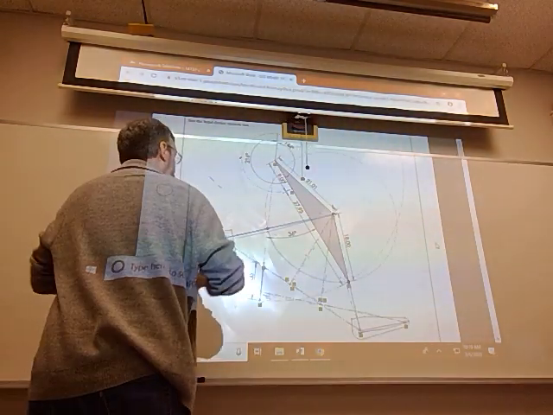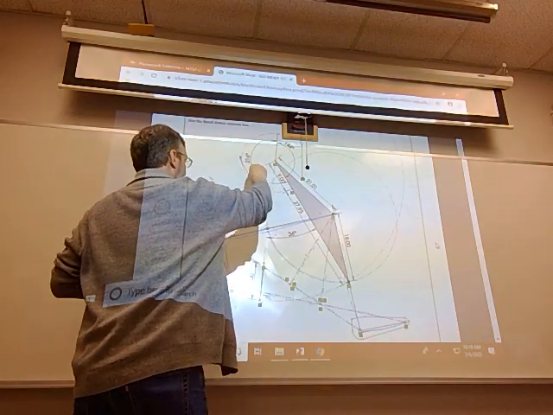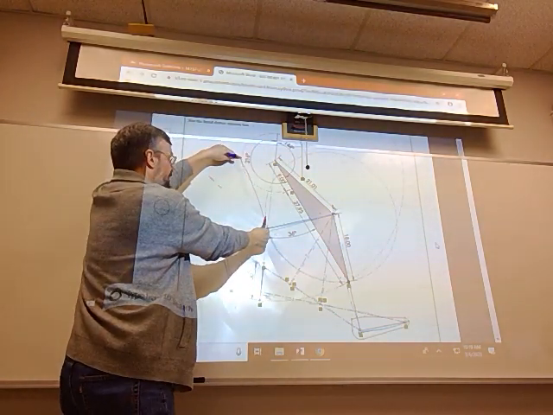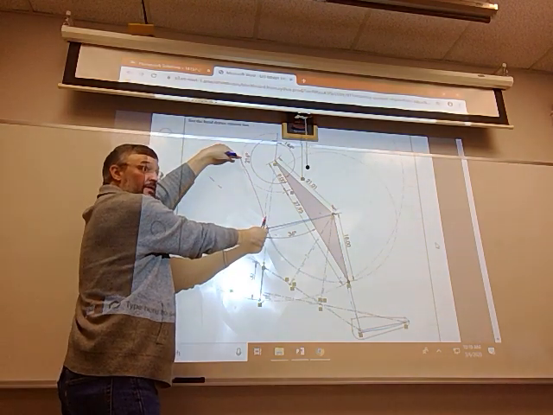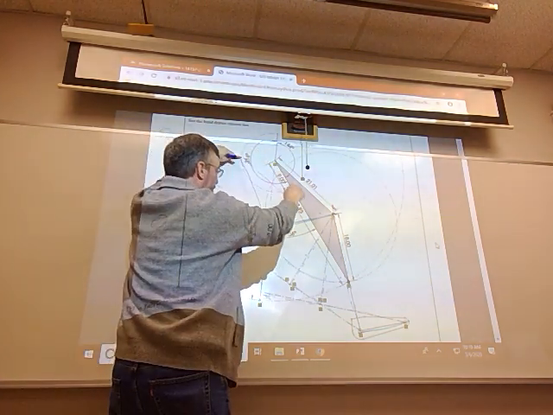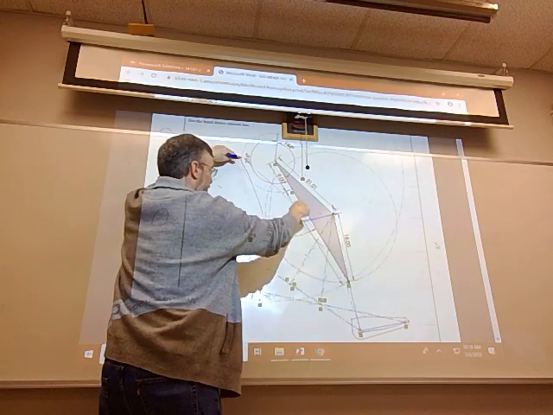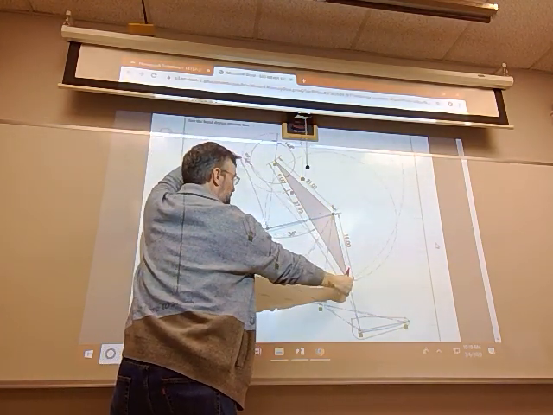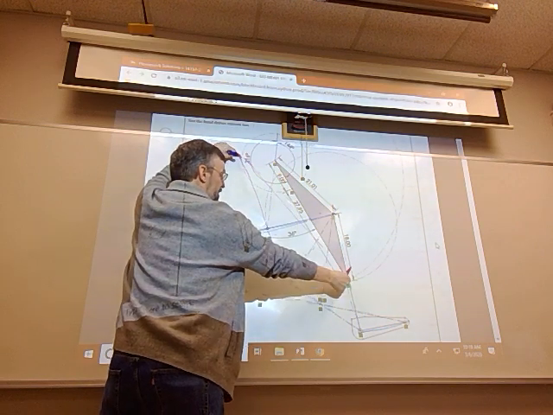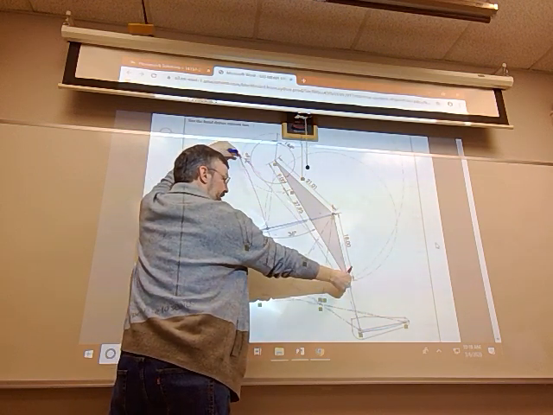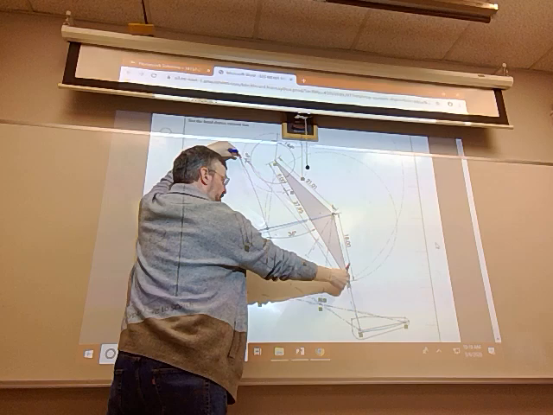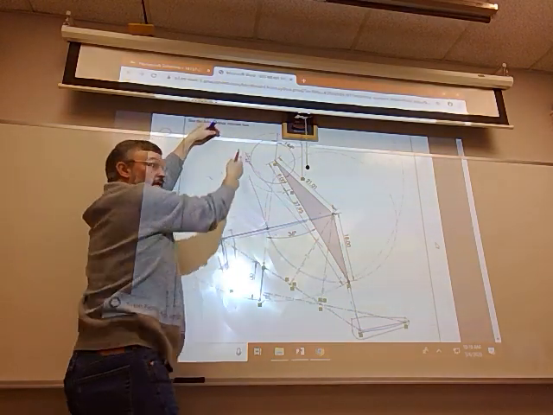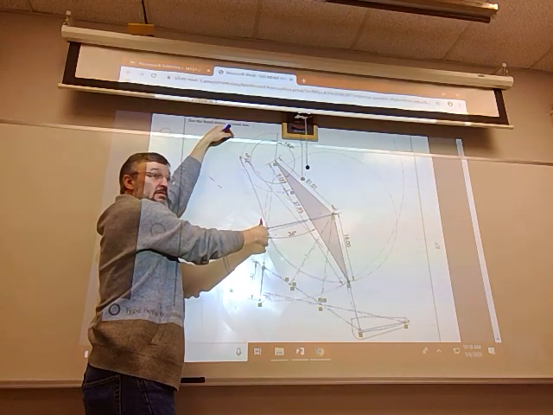We know at this arbitrary location that a part of the coupler will be right here, and then part of the coupler will be right there, right? This will be the extended part where the crank and the coupler need to be extended to right here, and then the crank and the coupler need to be overlapping up here to be able to achieve this.